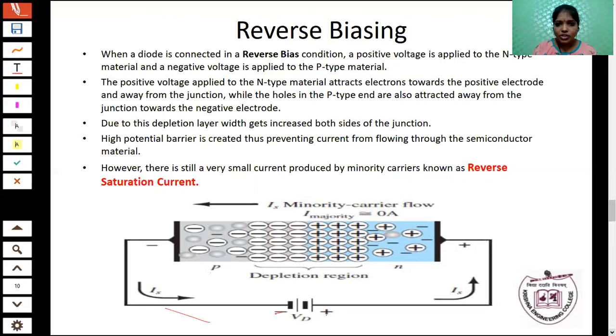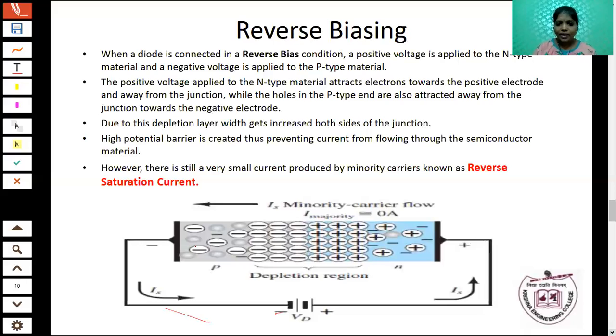If it is of opposite charge, you know that it always attracts each other. So once you apply this reverse bias voltage, the electrons and holes are attracted towards the external source, that is nothing but a battery.